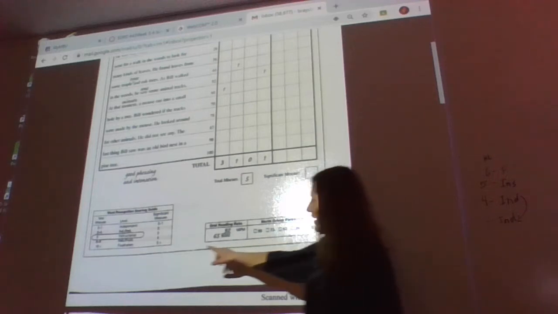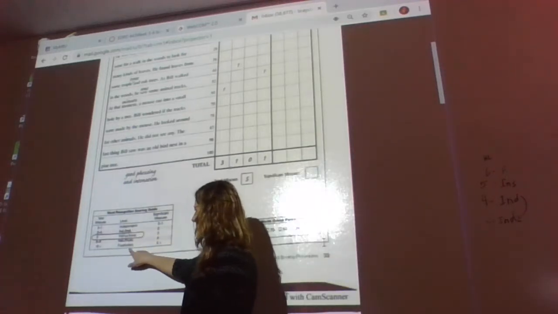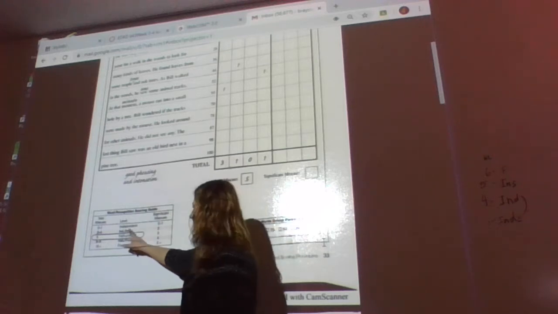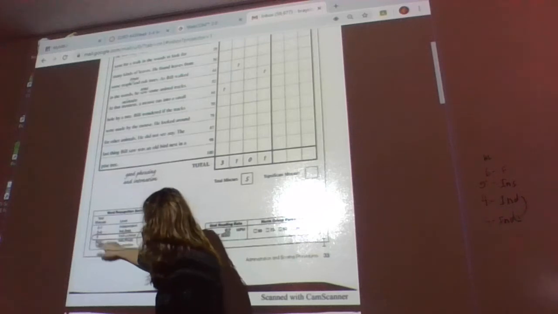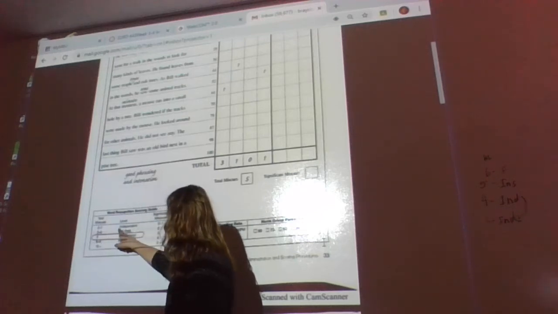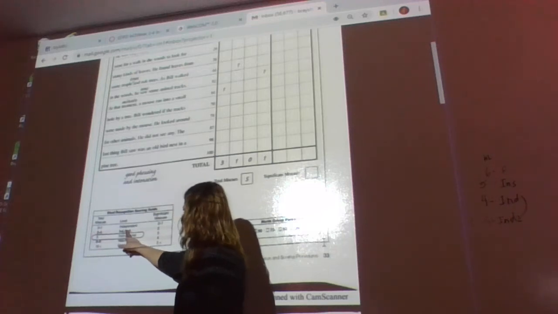And I want you to take a look at the scoring guide at the bottom. Here we have independent, instructional, frustration. This is where I was talking about that we're going to go with the high end. If your reader has 2 to 4, you're going to call that independent. If your reader has 6 to 9, we're going to call that instructional. We're not going to use this second half.